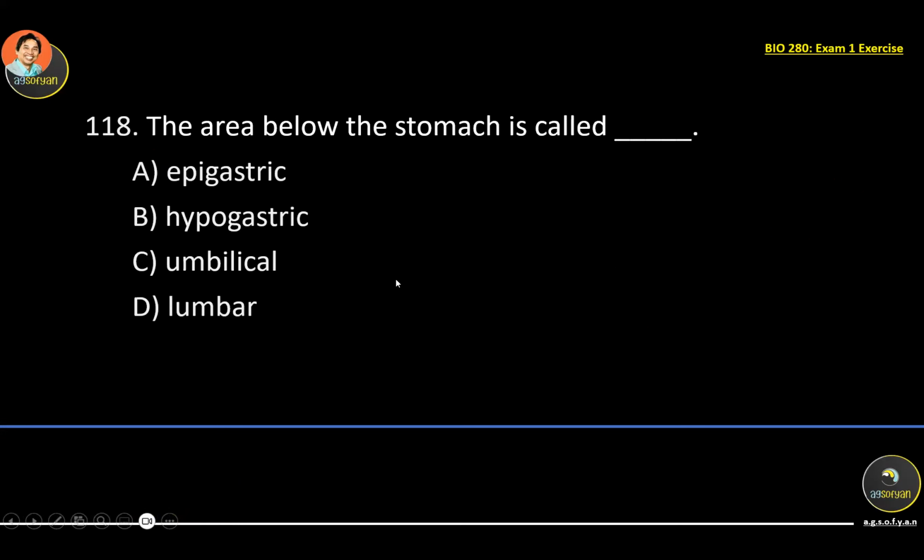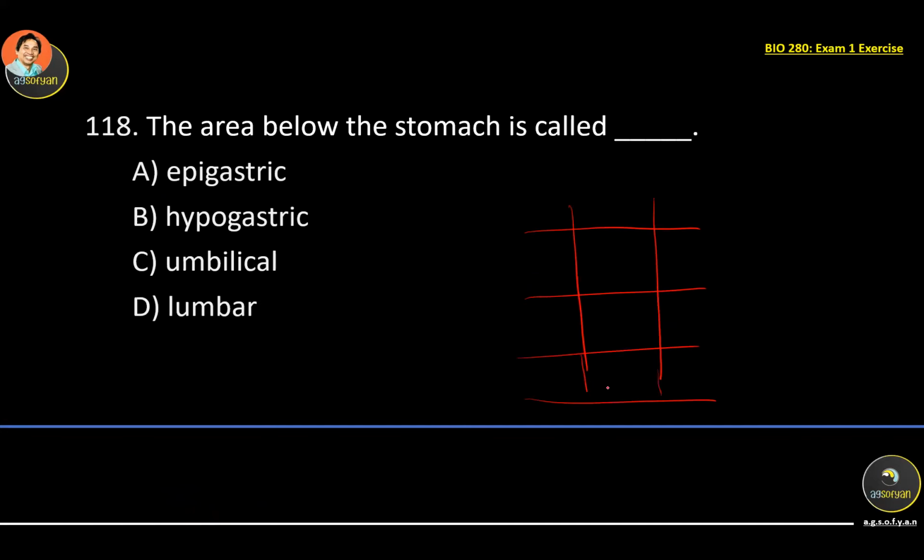The area below the stomach is called A, B, C, or D. So this is the stomach over here.